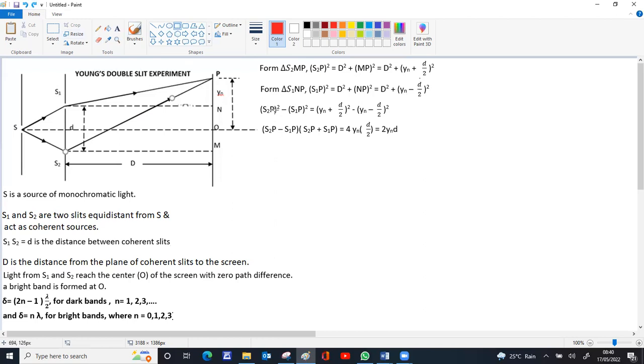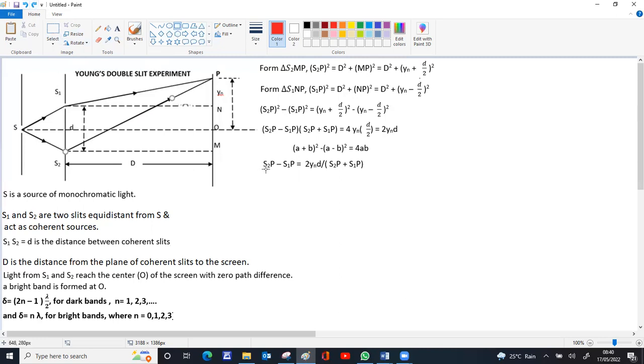The formula we used is 4ab for expansion of this. The 4 and 2 get cancelled, so it will be 2 yn d. Now to find the path difference S2P minus S1P, take S2P plus S1P to the right side.